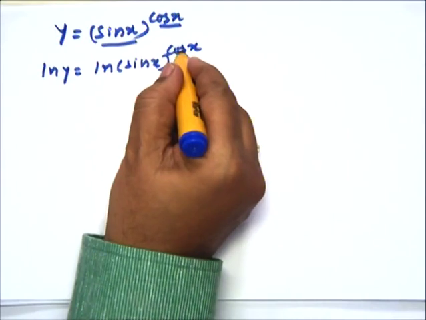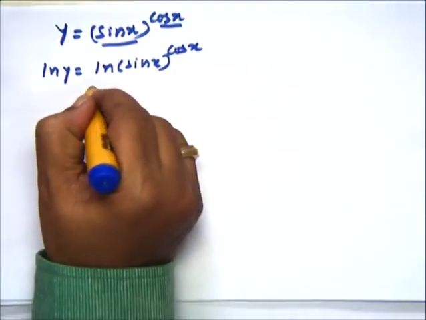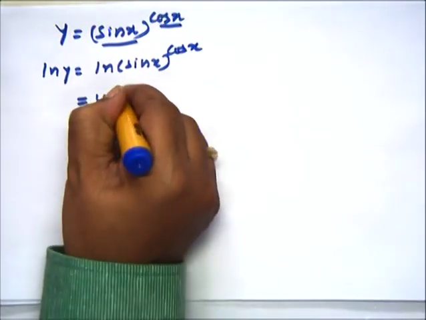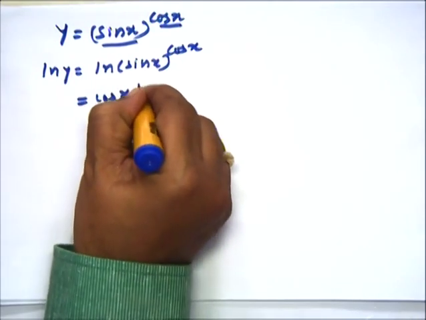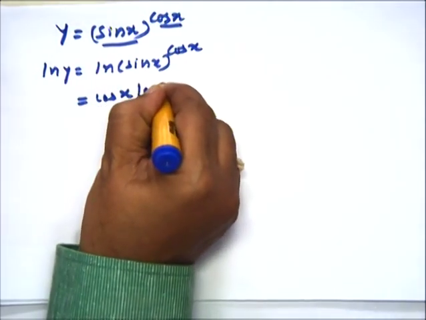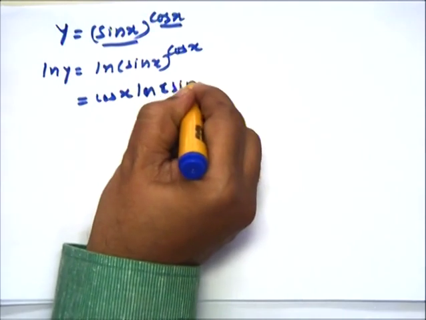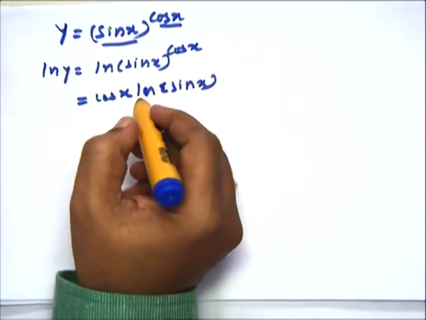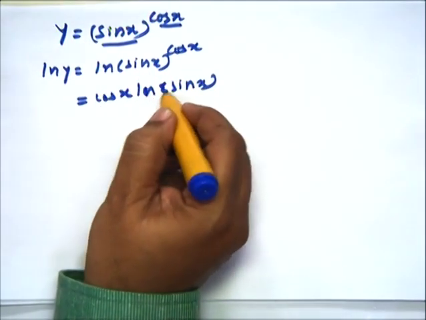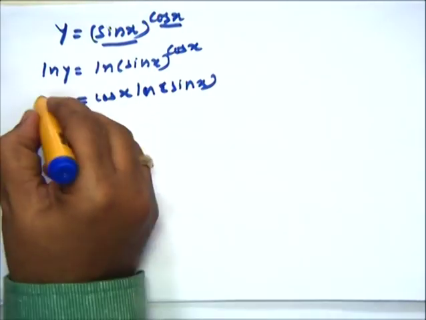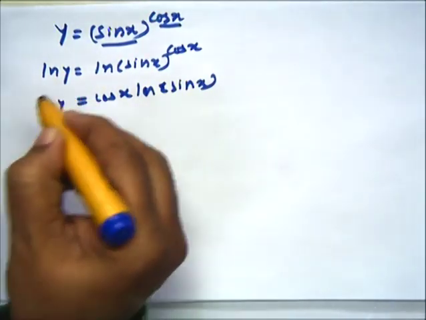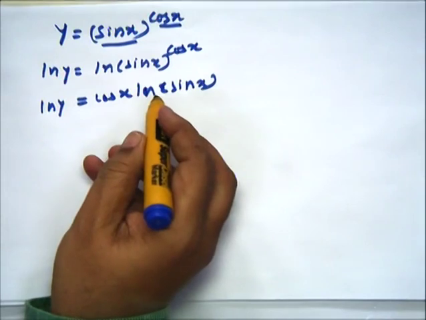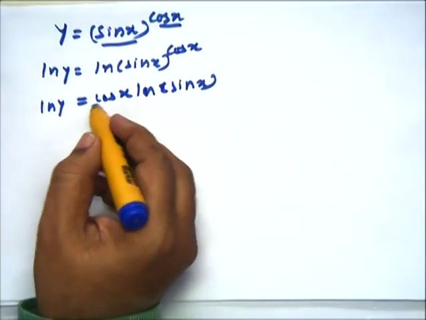Now this cos x can be taken as a multiplication of log. So it is cos x into log sin x. Now in order to get the derivative, we differentiate with respect to x both sides.